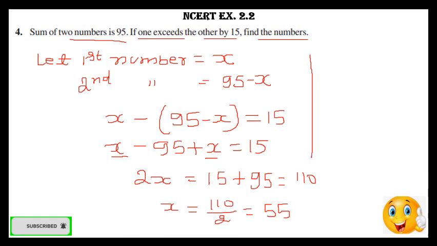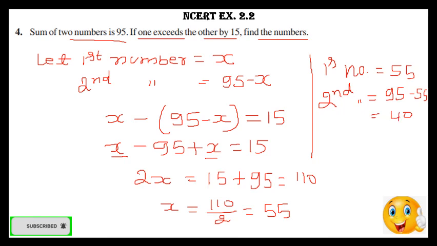And the second number we can write here as 95 minus 55. So the first number we have is 55, and the second number will be the difference of 55 and 95. So this gives you 40.